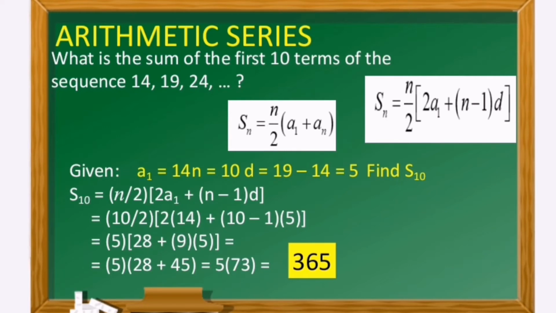Substituting in the formula, S sub n equals n over 2 times the quantity of 2a sub 1 plus the quantity of n minus 1 times d. S sub 10 now would be equal to 10 over 2 times the quantity of 2 times 14 plus 10 minus 1 times 5.